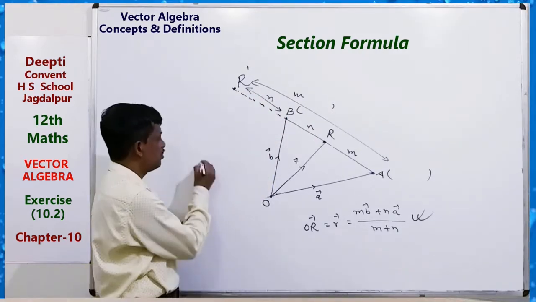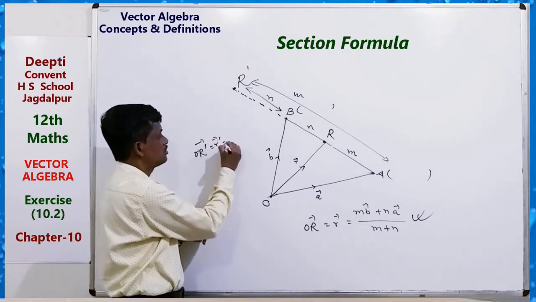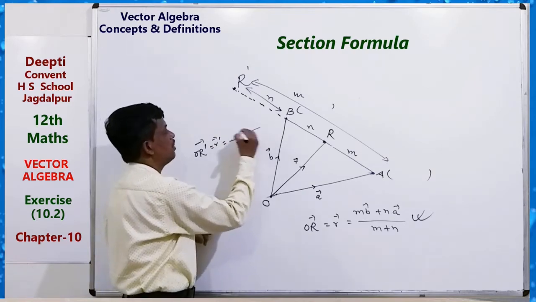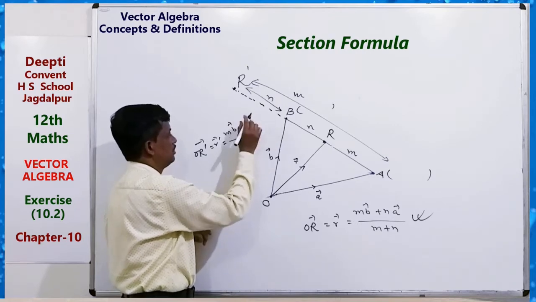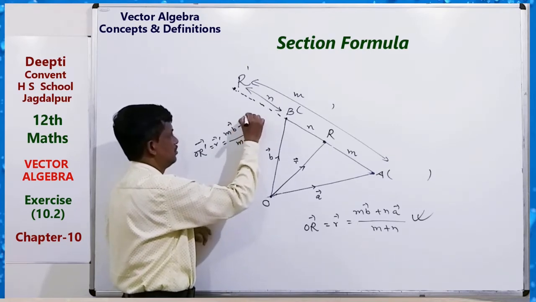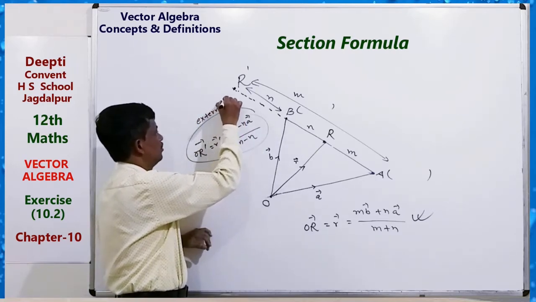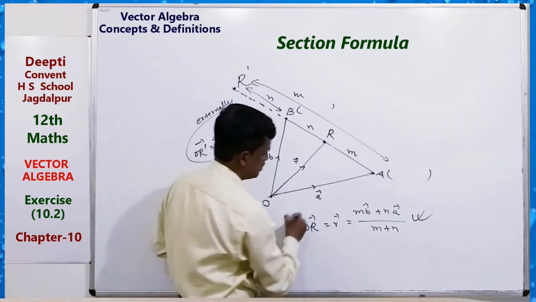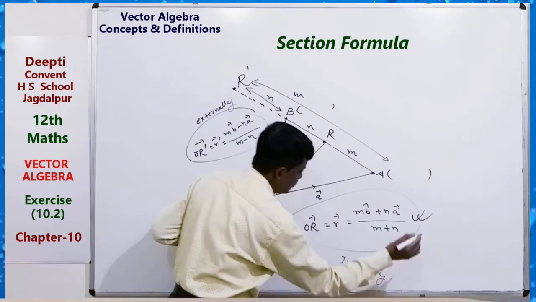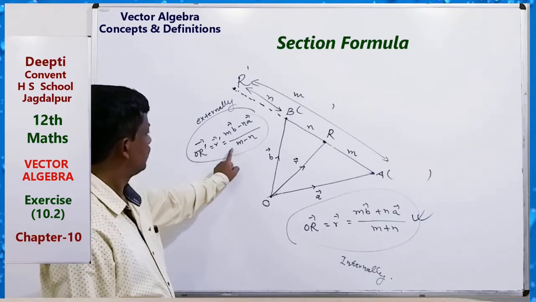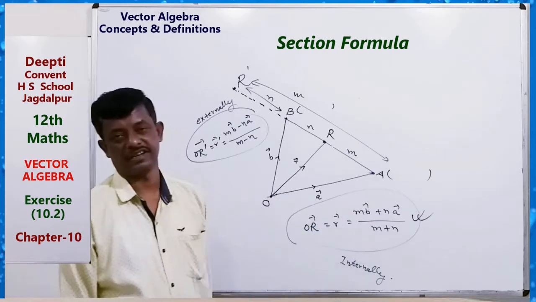In this case, the formula for OR dash is the same, only with a minus sign and nothing else. Externally, minus sign; internally, plus sign.